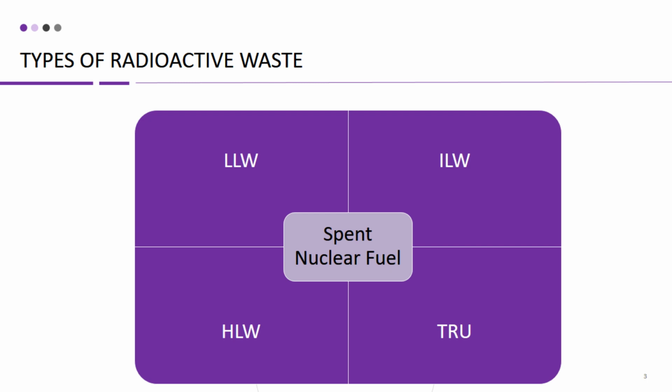Low-level waste, intermediate-level waste, high-level waste, transuranic waste, spent nuclear fuel, and other radioactive waste all have unique characteristics that require specific handling, containment, and isolation measures to ensure safety and protection of human health and the environment.